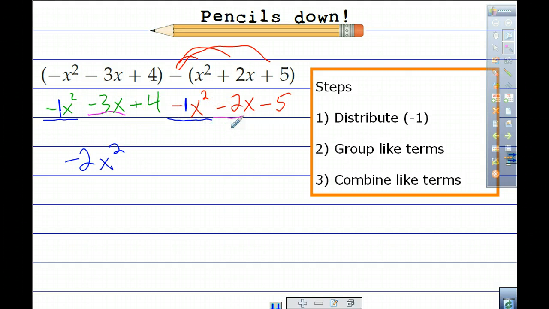Negative 3x, negative 2x is negative 5x. And then positive 4 and negative 5 is minus 1. So similar to yesterday, it's the repeated steps, same rules over and over, but use the right rule at the right time.